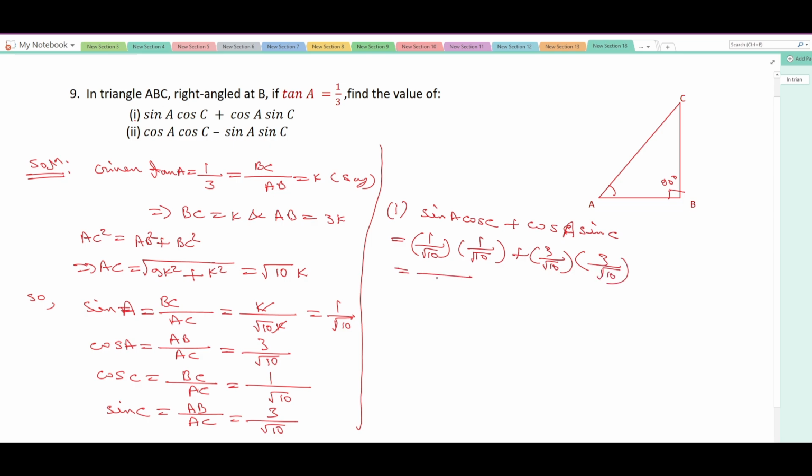This is equal to 1 by 10 plus 9 by 10, and this is equal to 1.